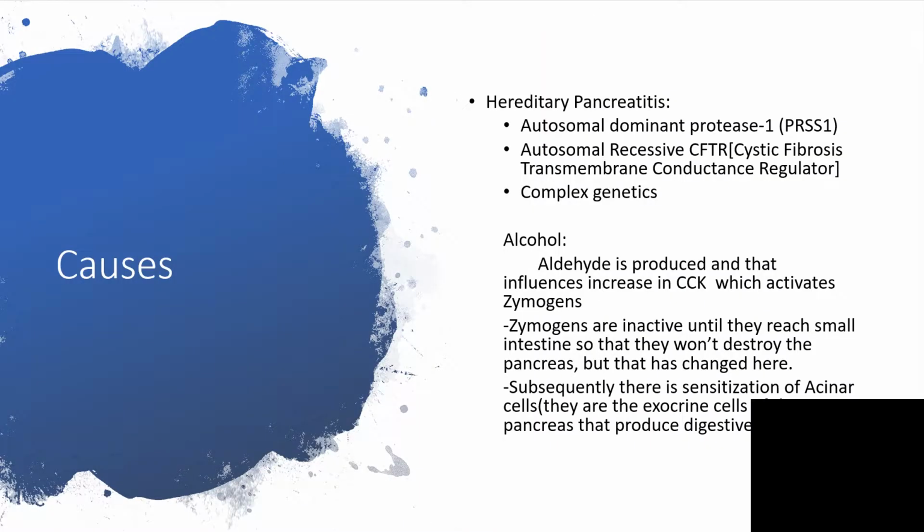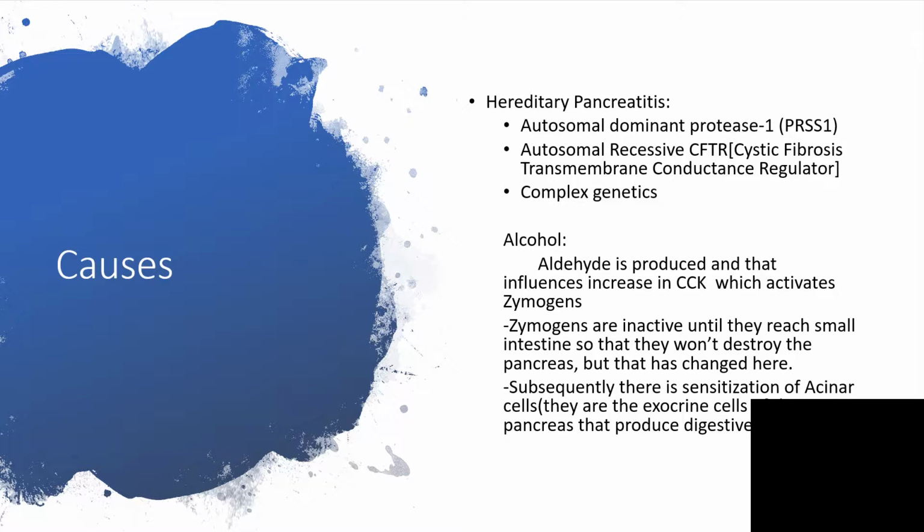Here we can have what we call hereditary pancreatitis, and if that is the case, we might be dealing with either autosomal dominant protease 1 inheritance. When inheritance is autosomal dominant, it means once that gene is present, the affected individual will manifest it phenotypically.